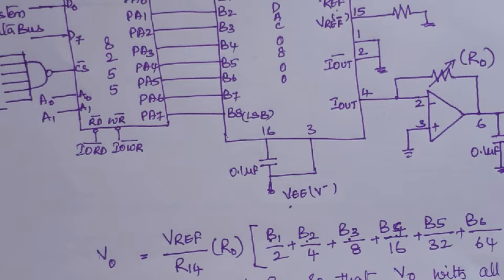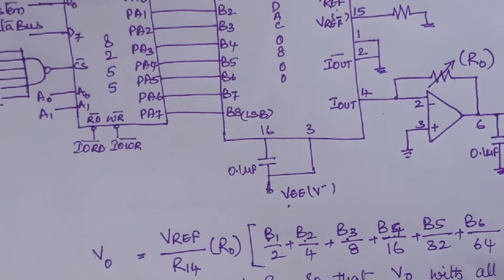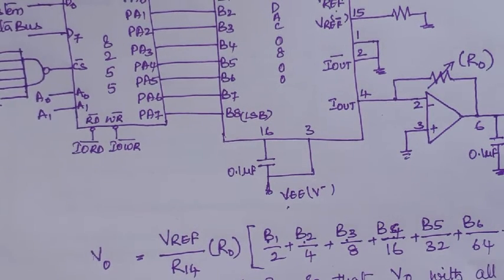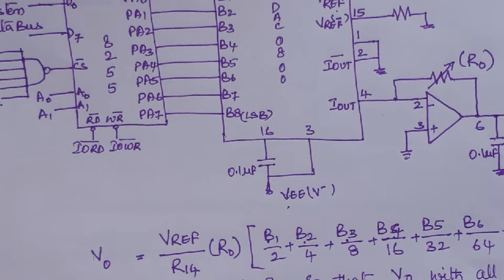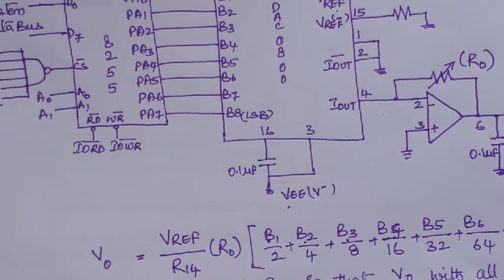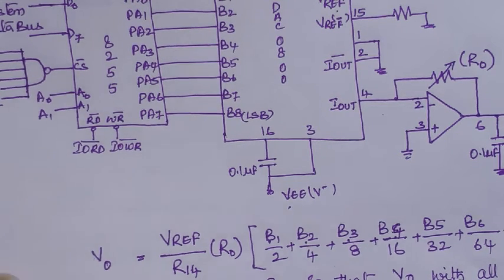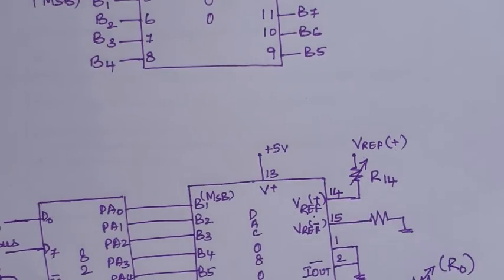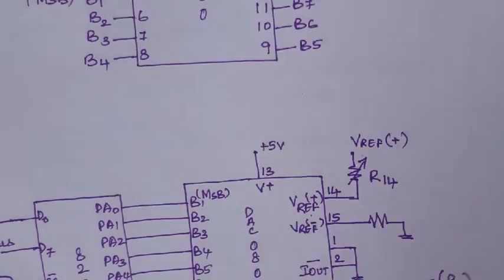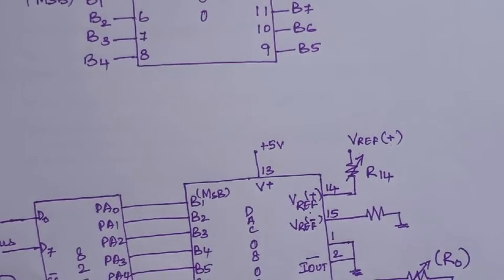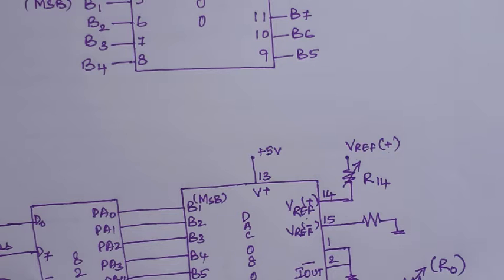For us, just to see how we can program this and get a required analog output, we can generate any waveform like triangular waveform or sawtooth waveform or square wave using this DAC by writing a proper program for that. Okay, so for example, let us write a program to generate a triangular waveform.